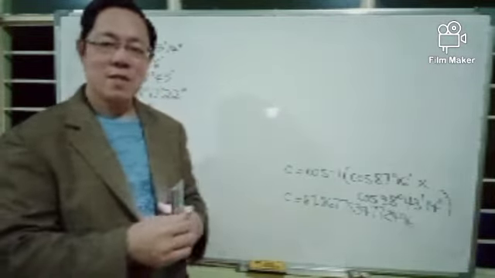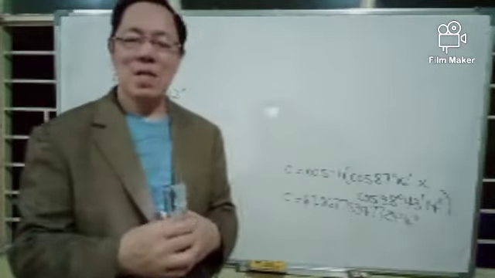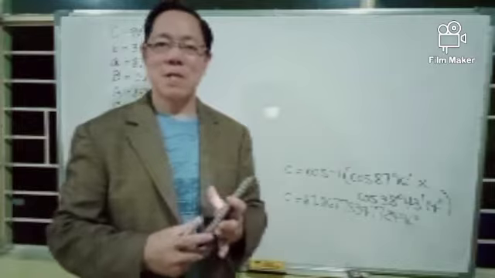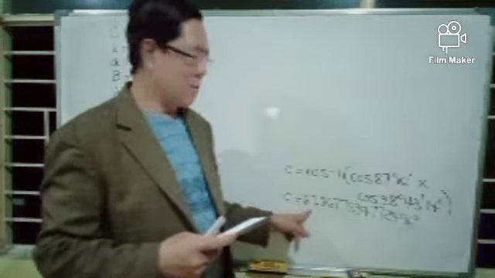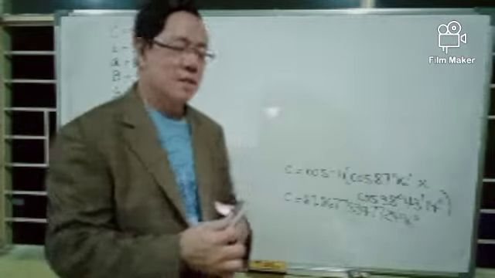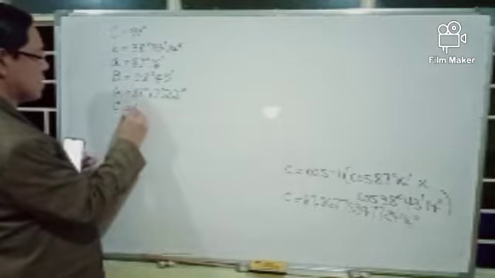This answer is in degrees, but we will give our final answer in degrees, minutes, and seconds. We take the whole number part. We have 87 degrees. Small c is 87 degrees.